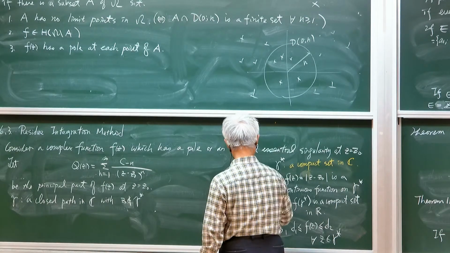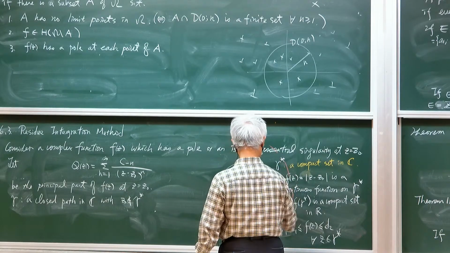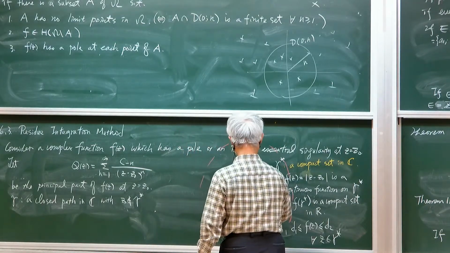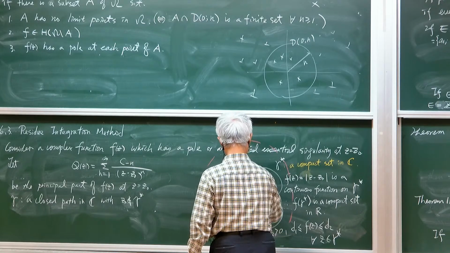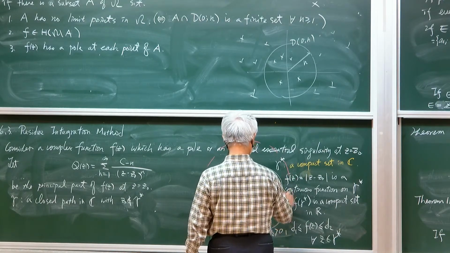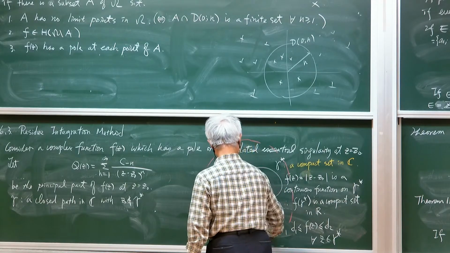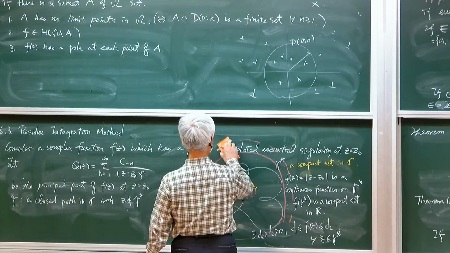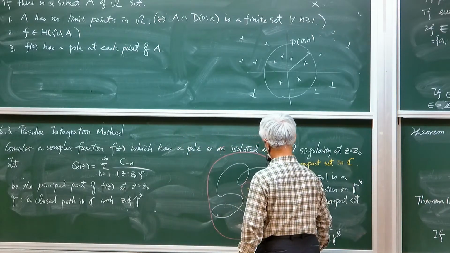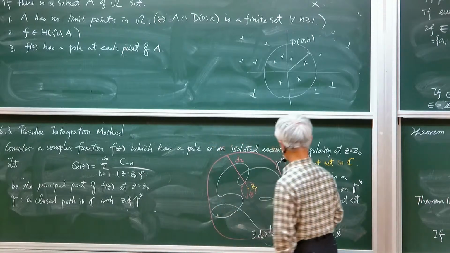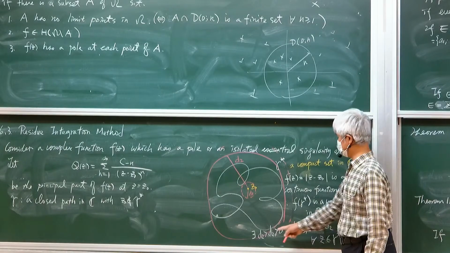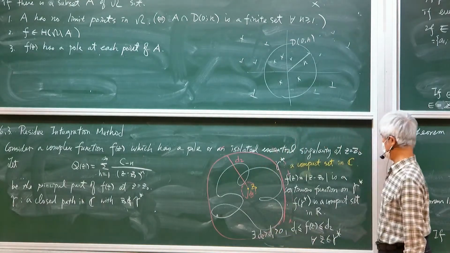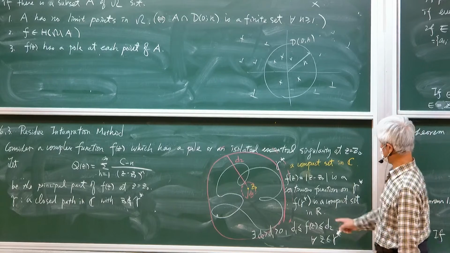So this is D1 and this is D2. So there exist D1 and D2, and the distance in between them.